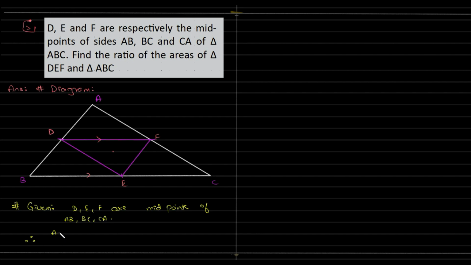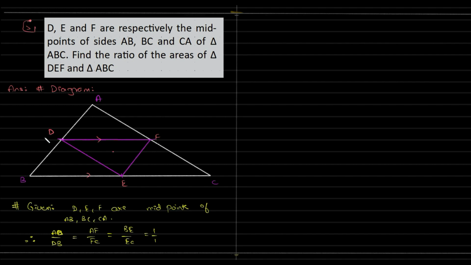That is, AD by DB will be equal to 1 by 1. AF by FC will also be equal to 1 by 1. CE by EB will be equal to 1 by 1. So basically, all of them are equal to 1 by 1, because this side by this side is equal to this side by this side, which is equal to this side by this side.